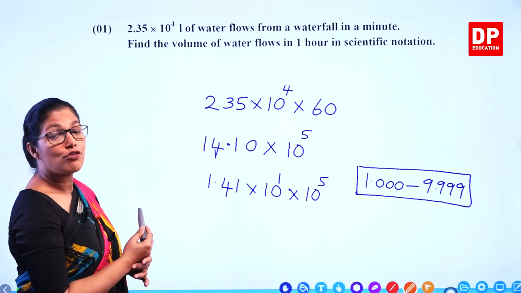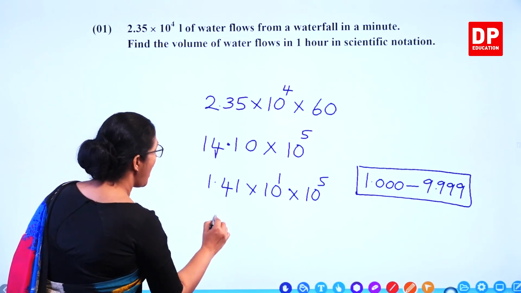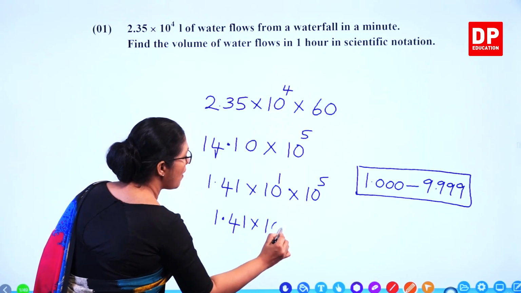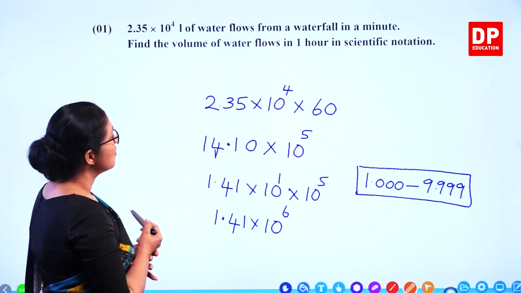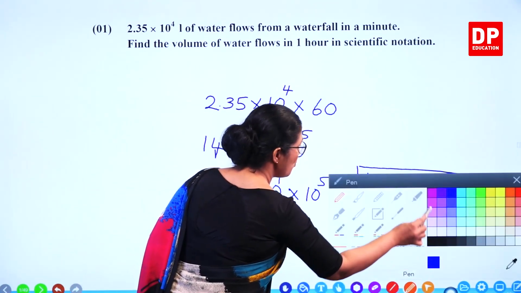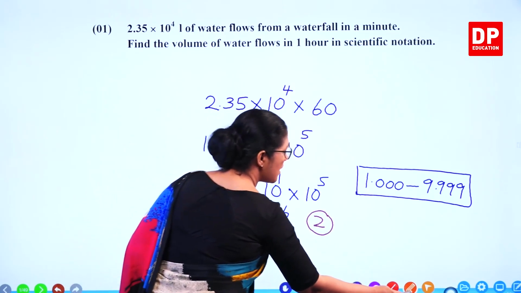You get 10 to the power 6. Same base, different powers multiplication, you add the power. So 1.41 into 10 to the power 6. So that's the answer in scientific notation. So you get 2 marks for each question in part A.